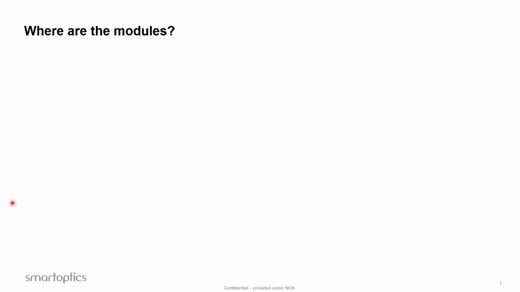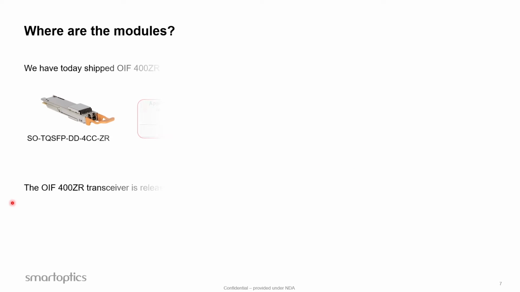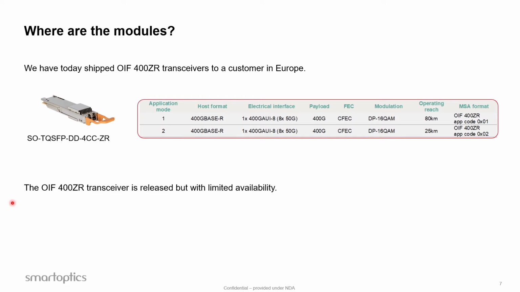So are the modules available today? Well, the OIF-based ones are available. We have shipped them in quite large quantities, actually, in real deployments to customers. They support the OIF-based application modes. I will come back to that very shortly. And we do expect to see the OpenZR+ based transceivers released during Q2 as well.